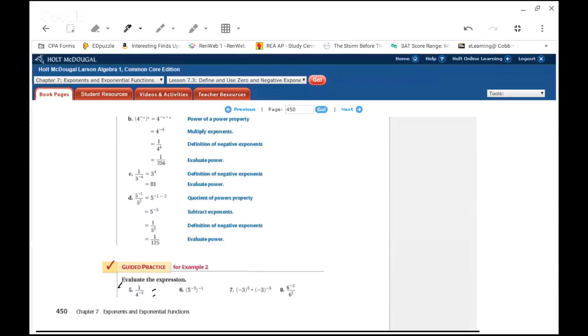So it's 1 over this, 64? If it pushes it up, it's going to go to the numerator. So that's going to be 4 to the 3rd power, which is 64. If it pushes up, see, it's going to the numerator. So that 4 to the negative 3 is now in the numerator with no negative exponent. Does that make sense? No?